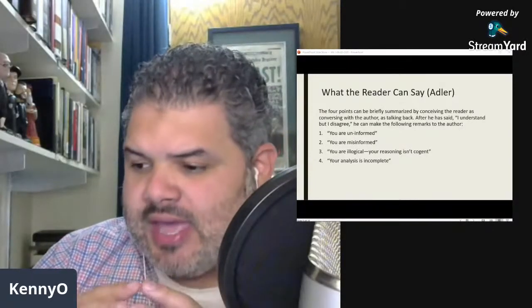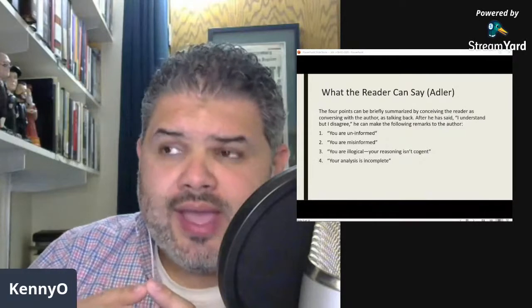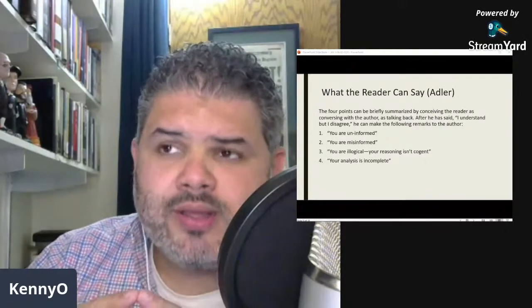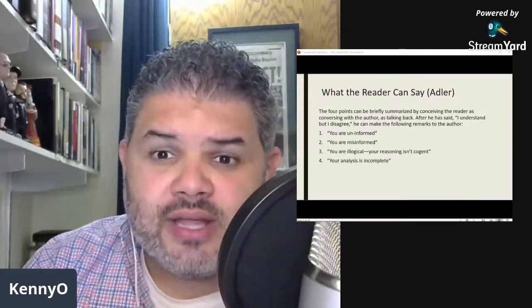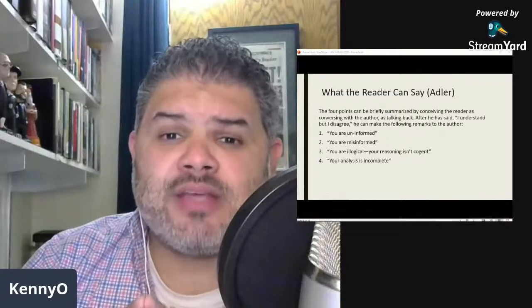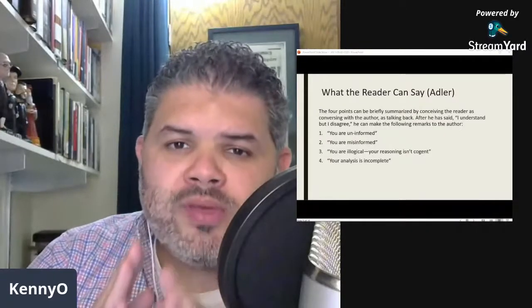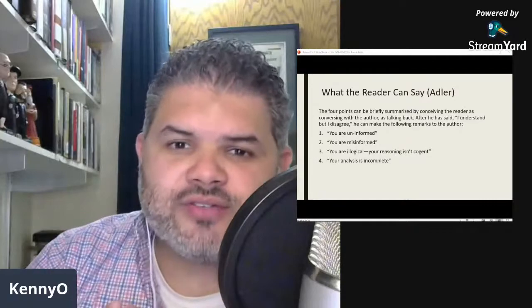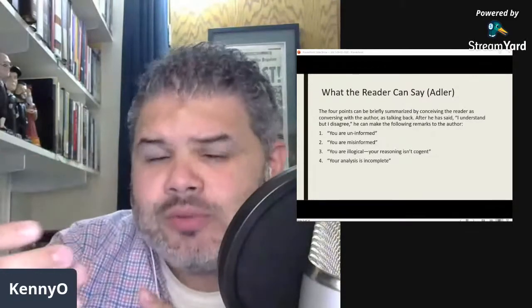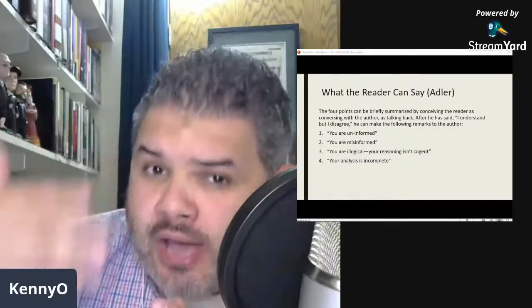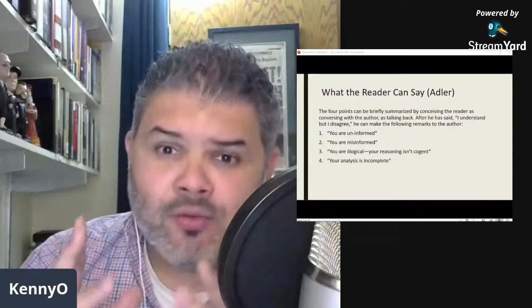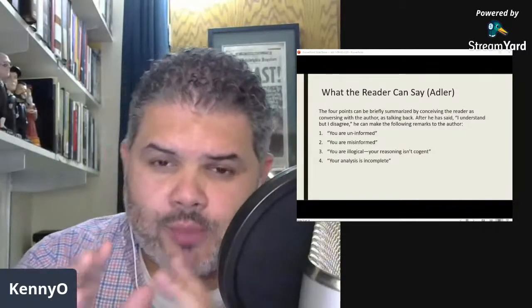If I come to you and I say, "Hey, I did a survey. I surveyed 10 women, and I asked them their favorite ice cream, and all 10 of them said vanilla." Well, now my conclusion is that all women say vanilla ice cream is their favorite. You would say to me, "Well, Kenny, I disagree with you because I think your analysis is incomplete. You have not surveyed enough women to make that sort of conclusion. You don't have enough data." So you might be right, you might be wrong. You might be misinformed or uninformed.